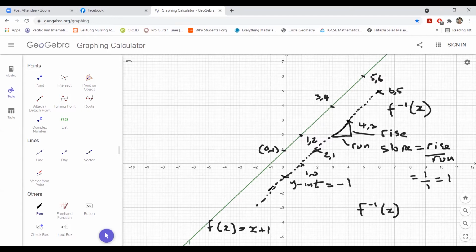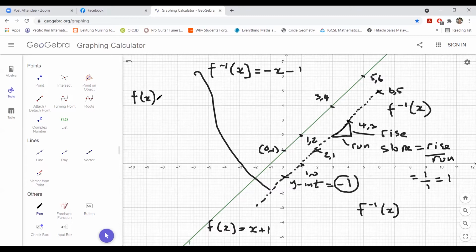So this equation here, f inverse x, the slope is -1, so minus x, and your y-intercept is -1. That number goes here. So actually for a straight line graph, your equation is mx plus c, right?